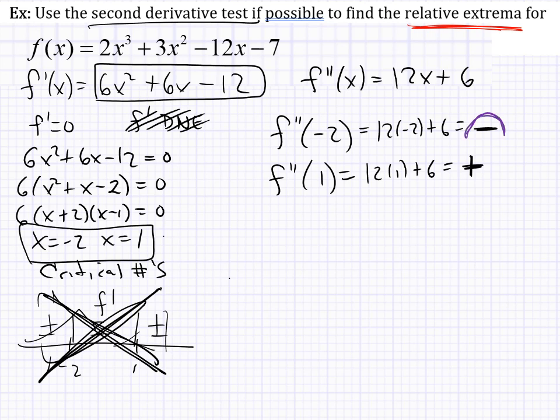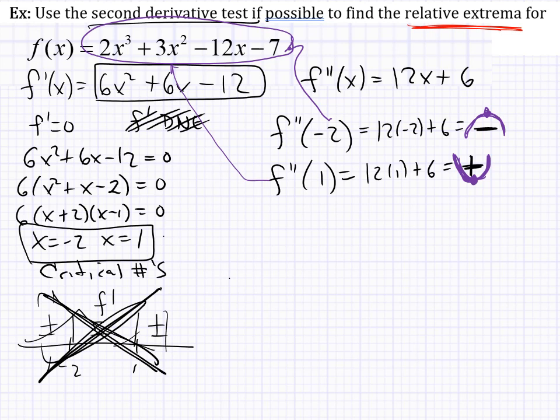And if I want a concave down picture, then that point should be a maximum point, as long as this x value can be plugged into the original function and give me a point. Second derivative is positive, means I'm on a concave up picture. If I want a concave up picture, then that point is going to result in a minimum, as long as the function is defined.